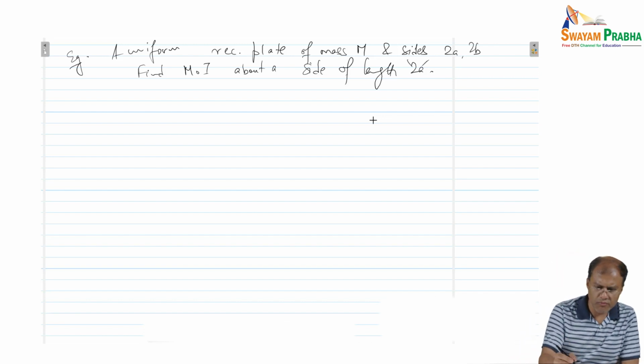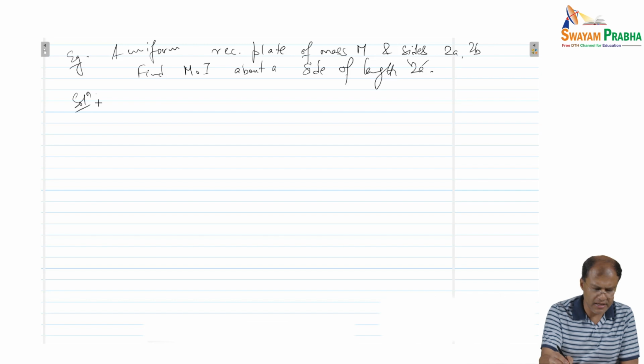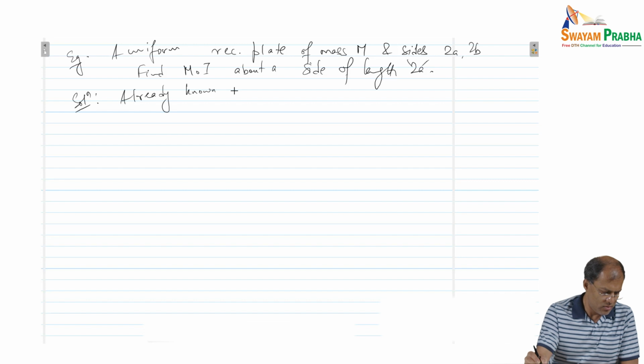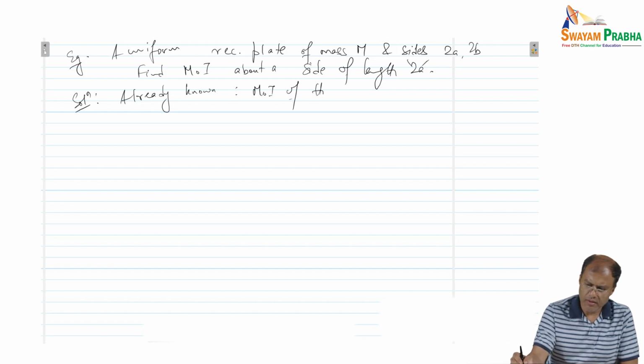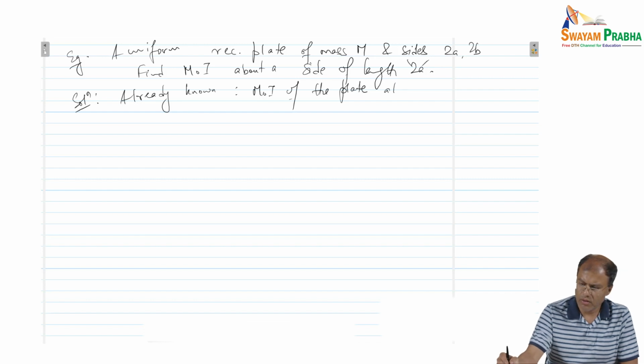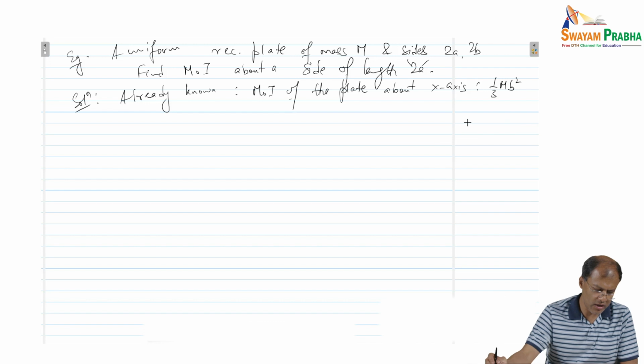So let me write it. It's already known that the moment of inertia of the plate about the x-axis is 1/3 m b square, right? So we are talking about a plate.